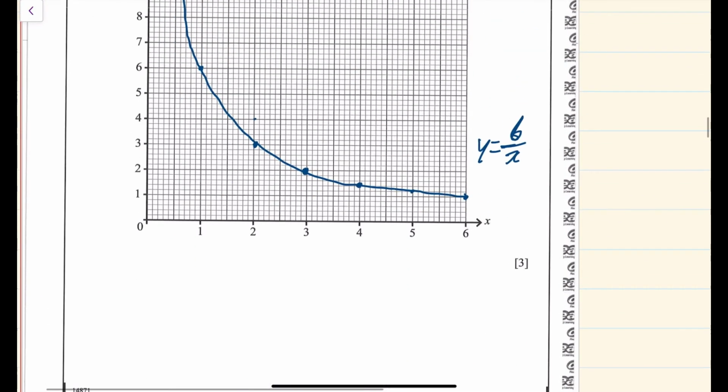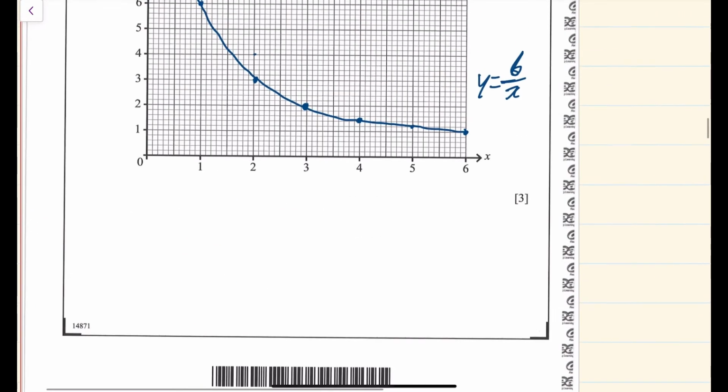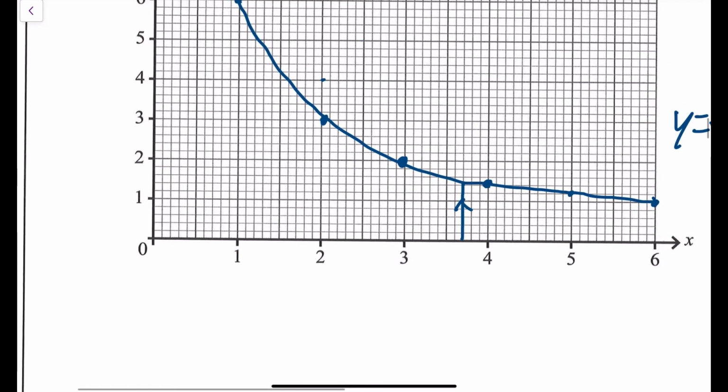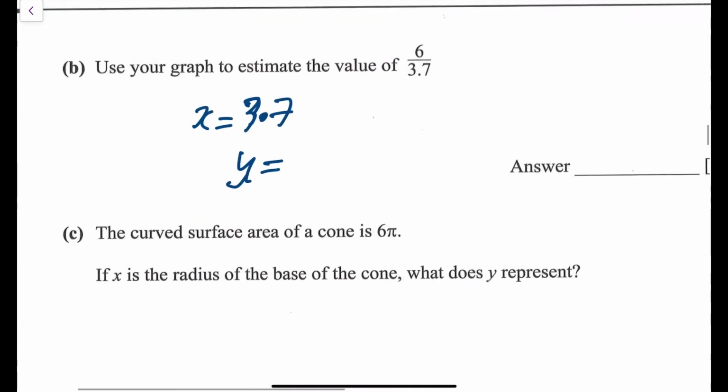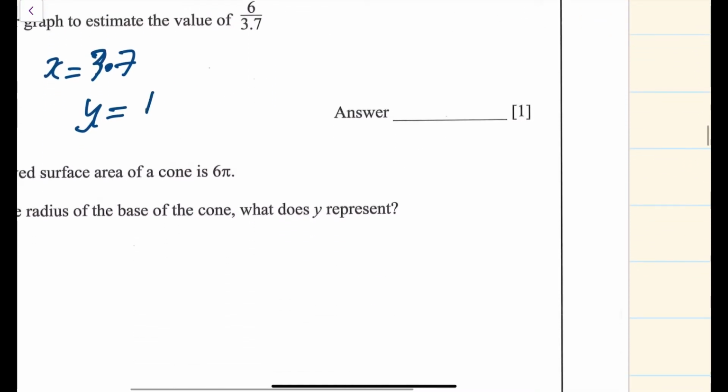At 3.7, you go up at 3.7 and across. Again, you use a ruler to do this. And when I did that on my proper graph, what I got was basically 1.5. Yep, and even on this one, my very bad one here, you can see that, but use a ruler. Do as I say, not as I do. So I got y was equal to 1.5.